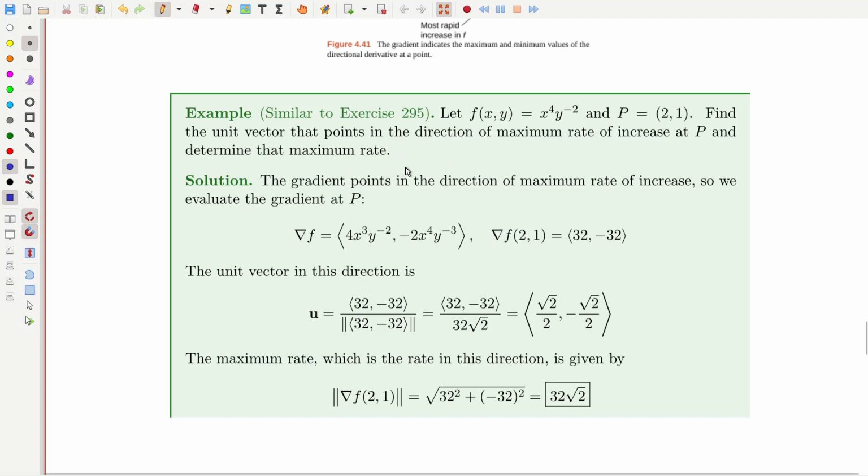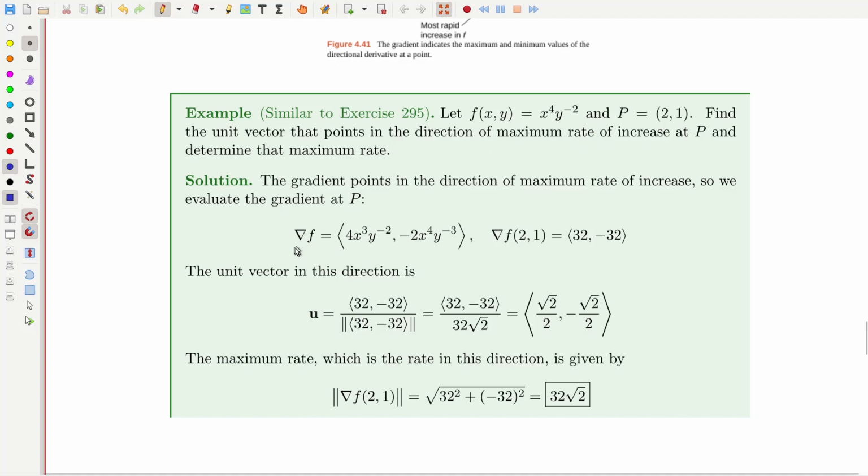The wording is maybe not optimal, but it's asking us to do exactly what I pointed out. The direction of maximum rate of increase means you're maximizing the derivative. So the direction that maximizes the derivative is going to be given by the gradient vector.